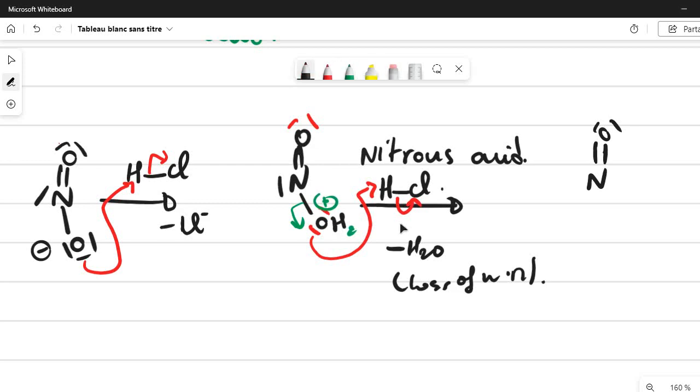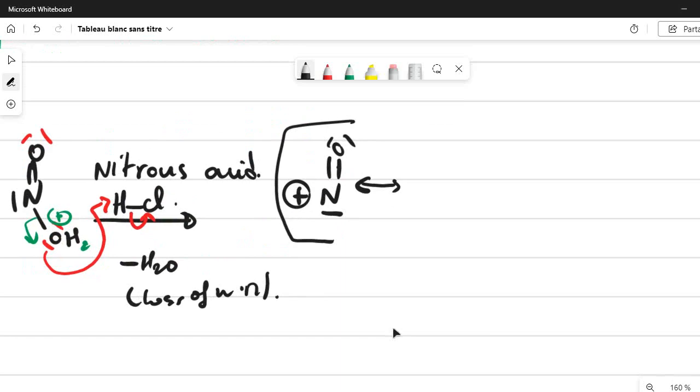So I need my lone pair here on the nitrogen and a positive formal charge, okay? So either I write this one, or this form, or this form. I write it like this, and this one is going to be folded here, and we form this molecule.